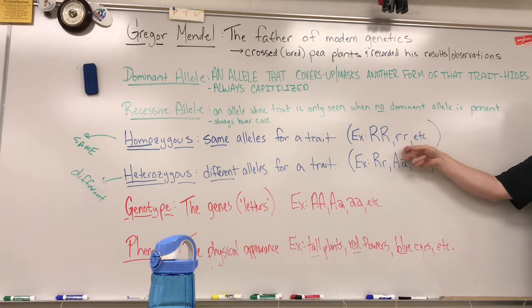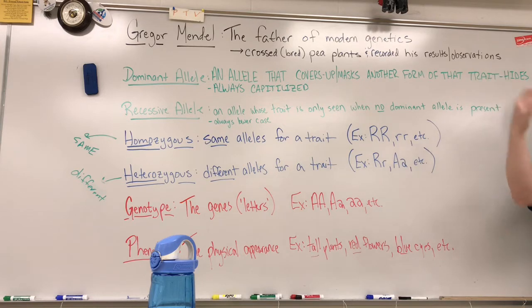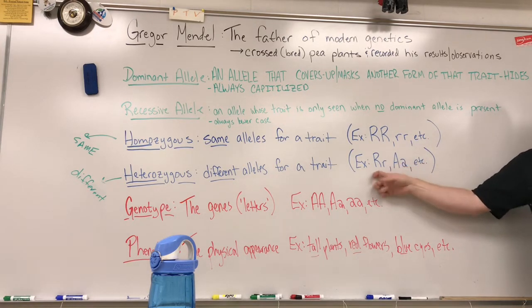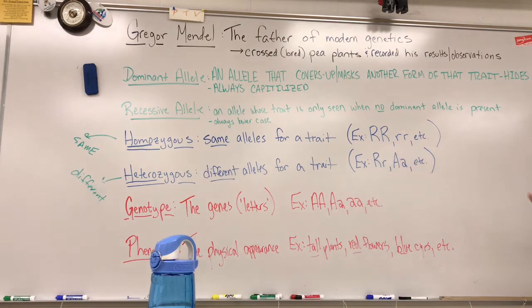But if I'm in the room talking like this, when someone's talking like this, the voice won't be heard. And that's exactly what happens with these heterozygous. The dominant allele gets masked or gets hidden. I'm sorry, the dominant allele masks.